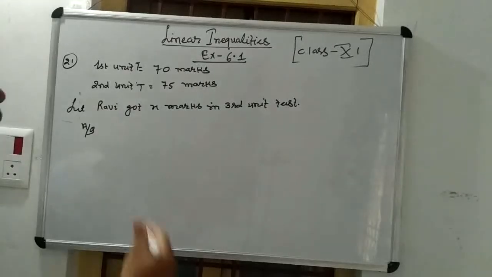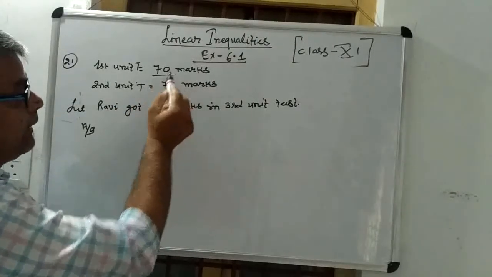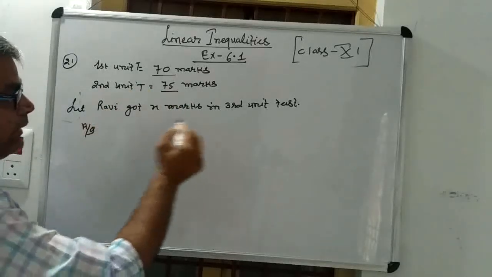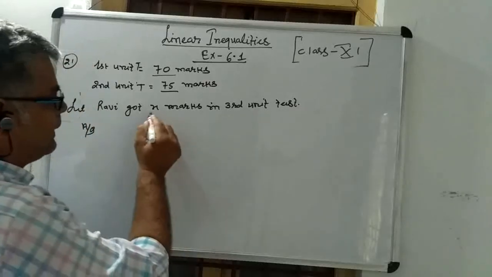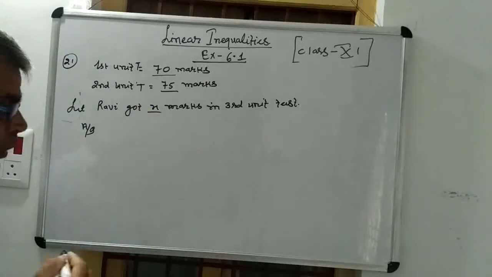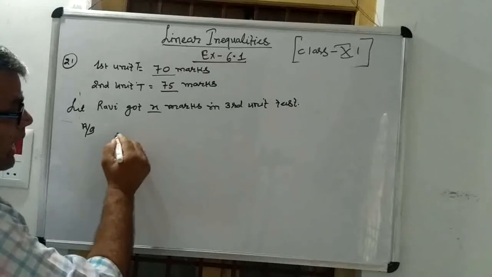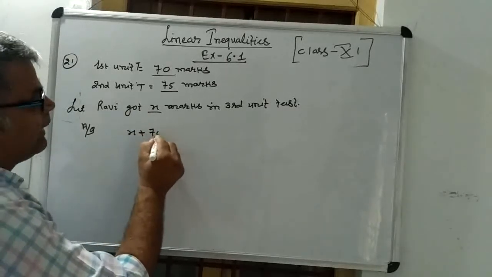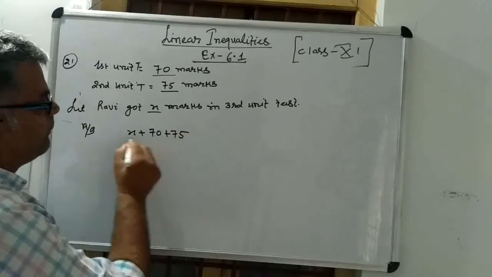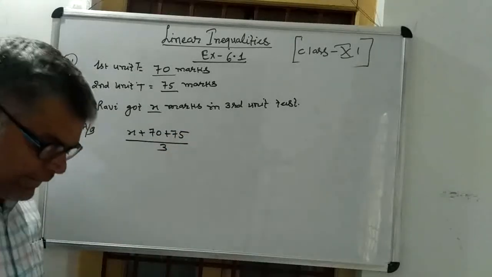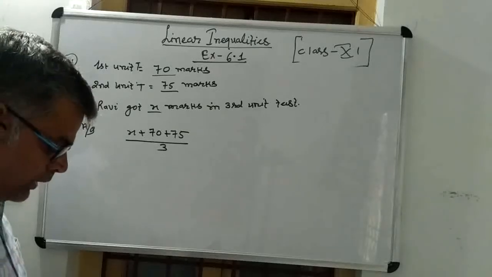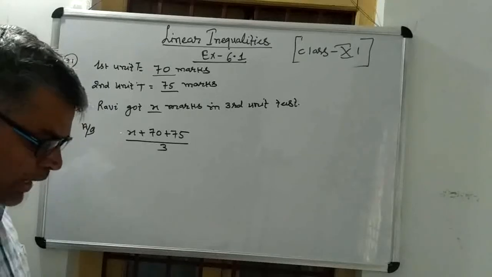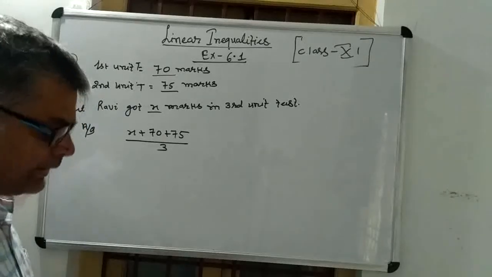In the first test he gets 70 marks, in the second test 75 marks, and in the third test we have assumed that he gets X marks. So according to the question, the average of these three tests is (X plus 70 plus 75) by 3.